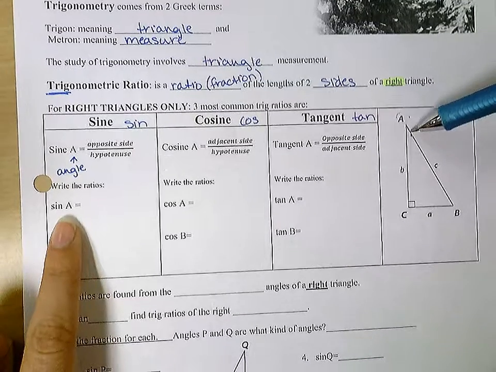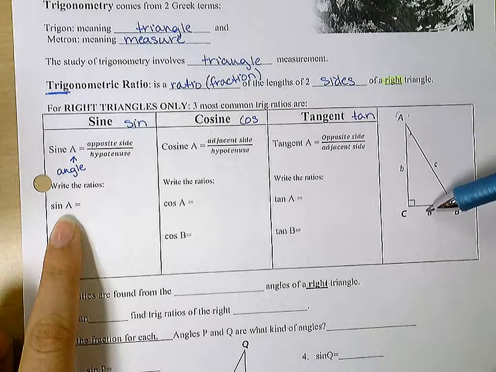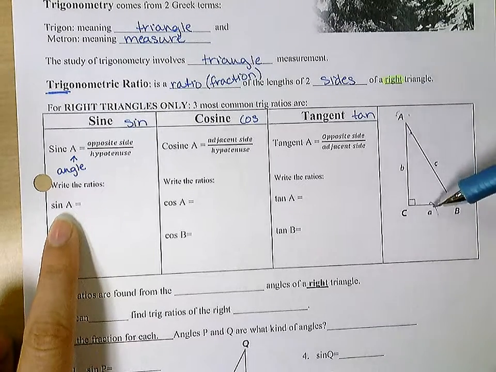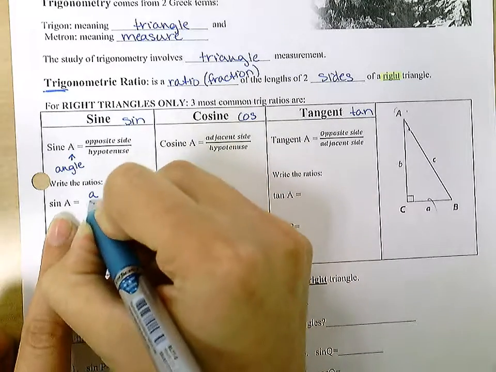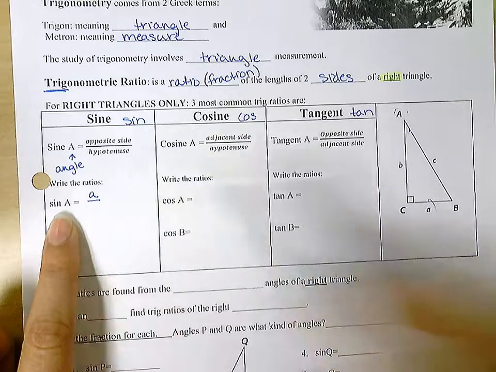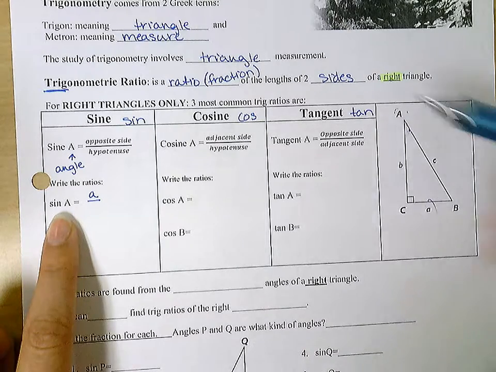The opposite side means across from that angle. So if I'm finding sine of A, that would be lowercase a, the opposite side. That will be over our hypotenuse, which is across from our right angle. The letter across from the right angle is lowercase c.